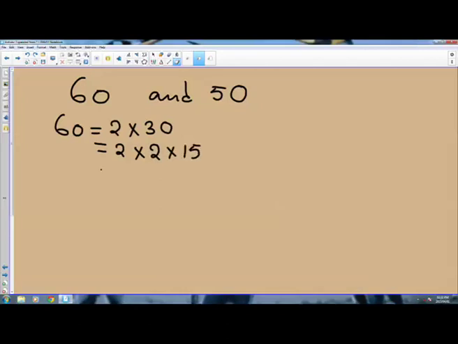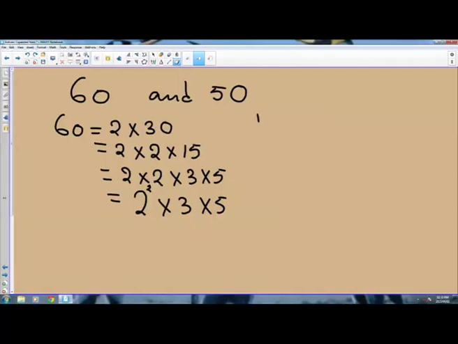And then this will be 2 times 2 times 3 times 5, which gives 2 to the power 2 times 3 times 5. That's 60 as a product of its prime factors.